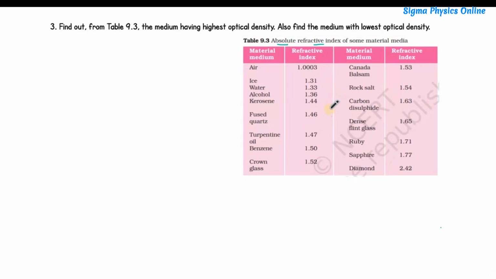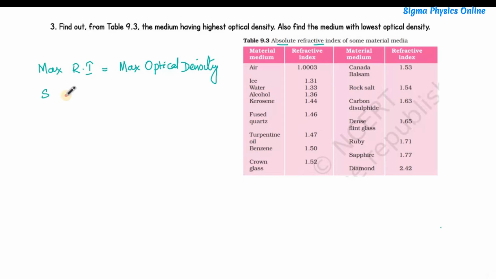Looking at the refractive index, we can know the optical density of that medium. How? The medium with the maximum value of refractive index will have the maximum optical density. The medium with the highest refractive index, or highest optical density, is the one in which light will travel the slowest.